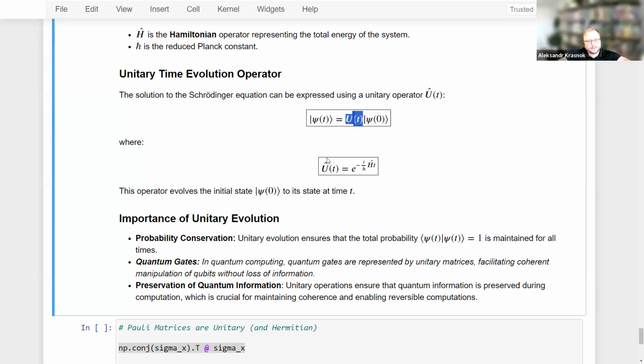You can trace the evolution of the system applying this operator U. And since the operator H is Hermitian, you can easily check that this operator is unitary. All this simply means that you can describe the evolution of any quantum system applying unitary operators.